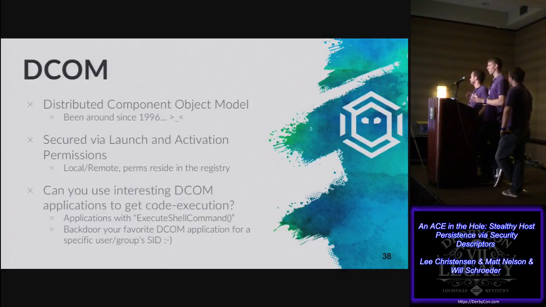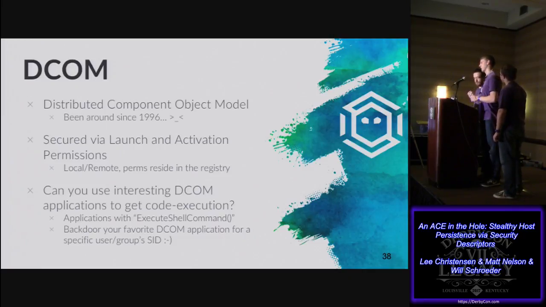DCOM is secured via remote launch and activation permissions. In the registry, there's a byte array that represents a security descriptor of DCOM servers, right? There are local and remote permissions: locally, if you're on the host, can you instantiate and use this object? Remote being, can you remotely interface with these objects as yourself?